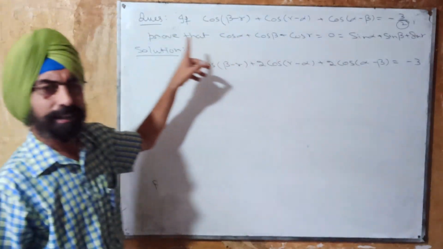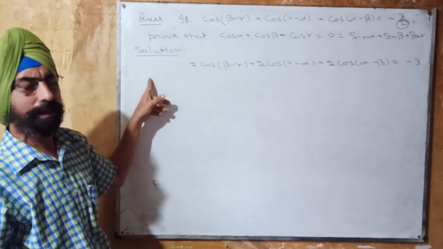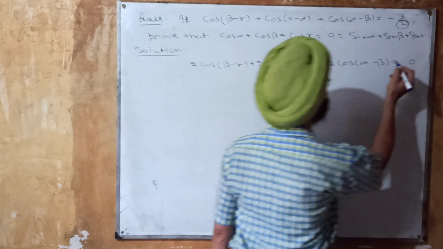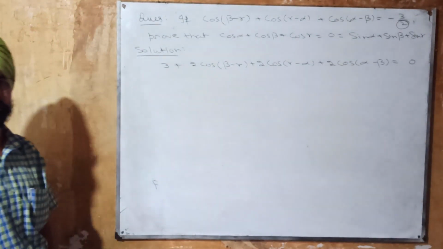Once again, this minus 3 I am going to take to the left hand side. When I take this minus 3 to the left hand side, it will become plus 3, and your right hand side will become 0. It will be 0 here, and your left hand side will become 3 plus this term.